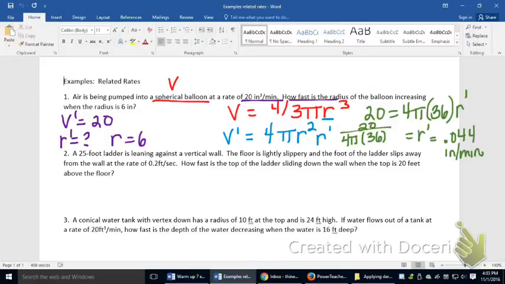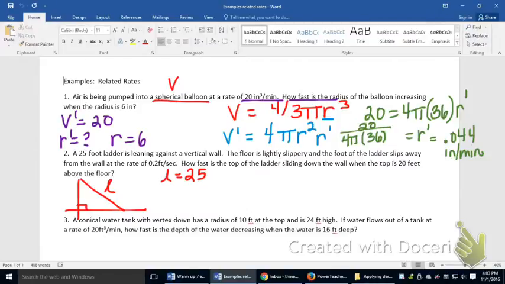Alright, number 2. We have a ladder leaning against a wall. We're going to call the ladder L. And I know that the length of the ladder is 25. The floor is slightly slippery and the foot of the ladder slips away from the wall at a rate of 0.2 feet per second.